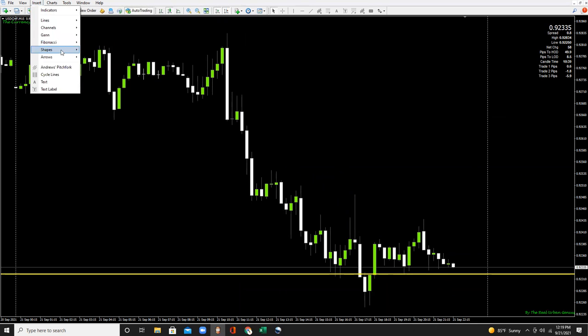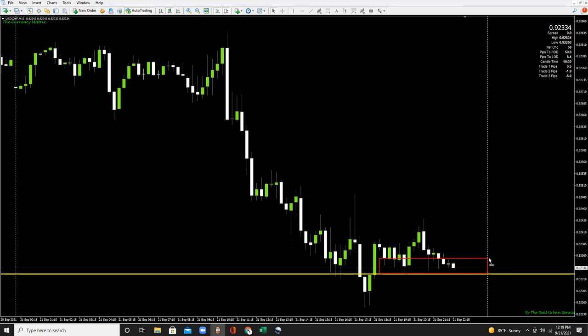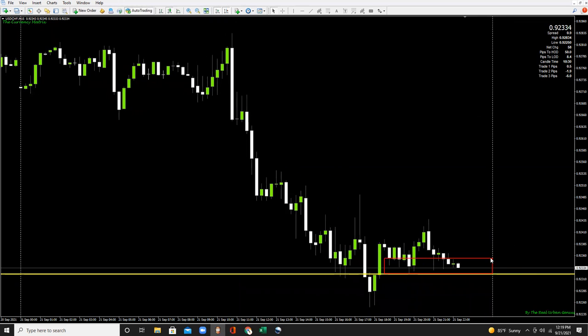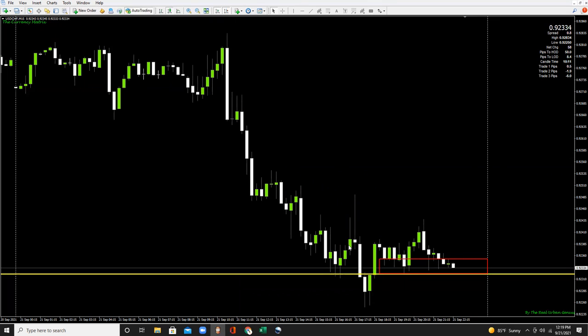So we know right in here is our area of supportive interest, based on what we've analyzed on the higher time frames and where we're at now with price and looking at real-time price action. We know what to be expecting at this level. We are expecting buy situations here. We are all the way at the prime entry level for this particular setup that's formed.